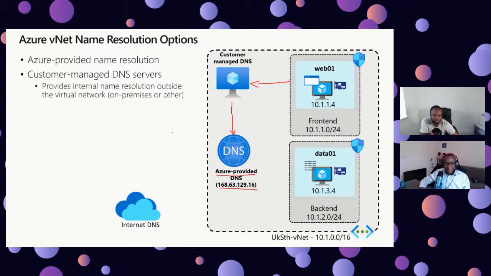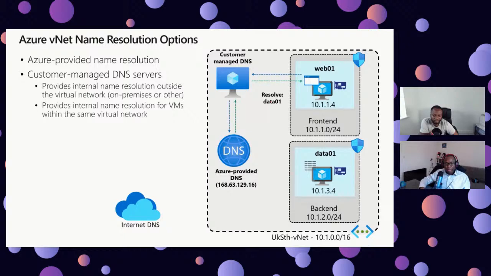So our customer managed DNS, we can use that to provide internal name resolution for our virtual network. So we can resolve internal names. Let me clear up all the other stuff that I have on the screen. We can use it to provide internal name resolution for VMs within the same virtual network.